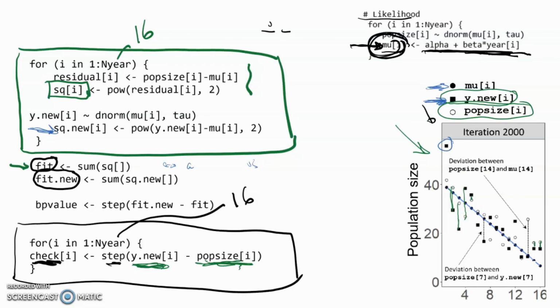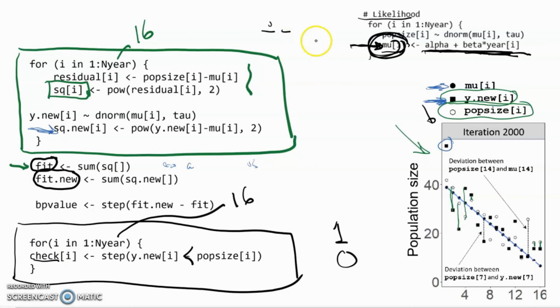We know how that works. If y nu for any one year is greater than pop size for that year, then the value of check for that year will be equal to 1. In contrast, if for any one year the value of y nu is less than pop size for that year, then the value of check for that year will equal 0.